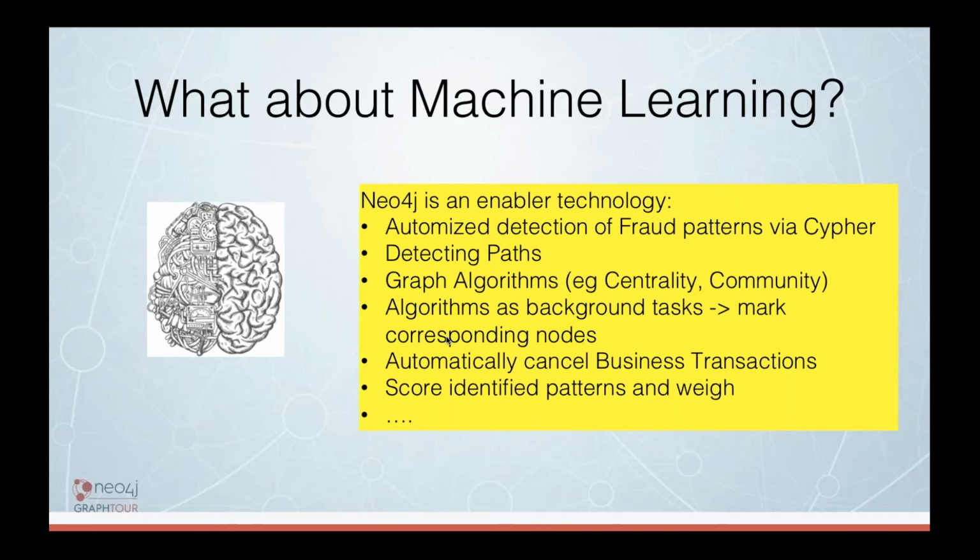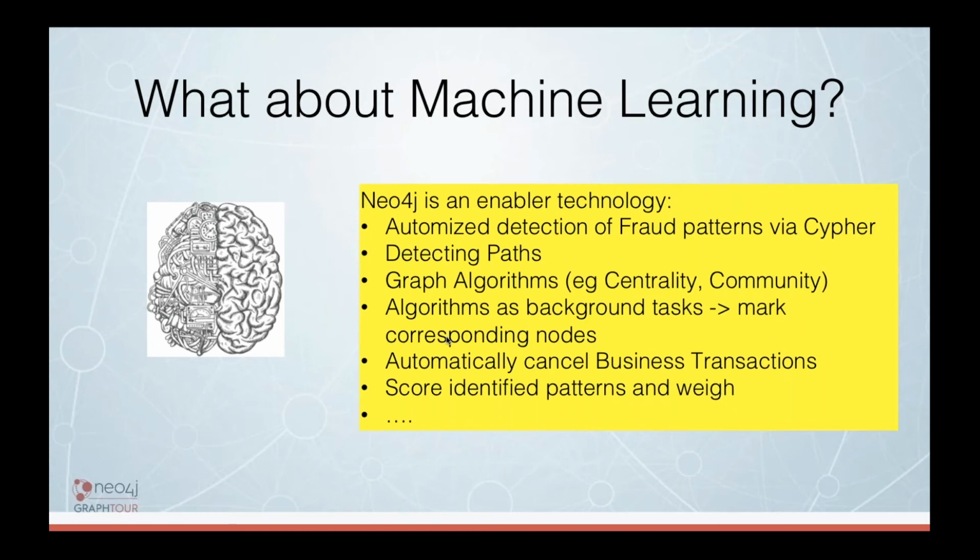What you can now do is have the machine learning algorithm use all these techniques and technologies, and it can run pattern detecting algorithms as a background task, and then mark corresponding nodes or derive new relationships, such as customer A is similar to customer B.